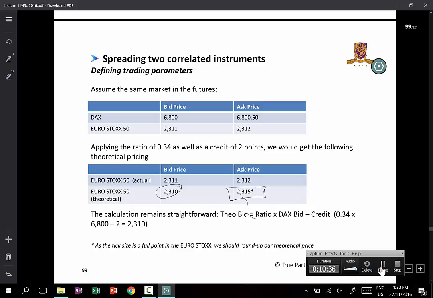And what happens then? What happens then is you wait. You sit there and you wait until someone sells to you either at this price or buys from you at this price, and then you can turn around and put on an offsetting hedge in the DAX.